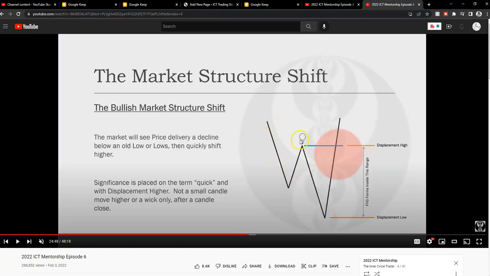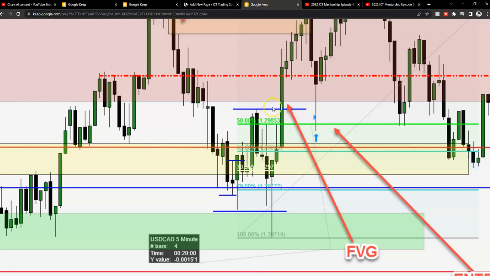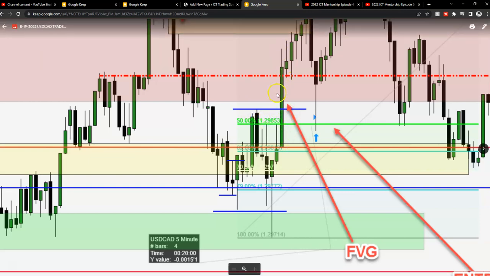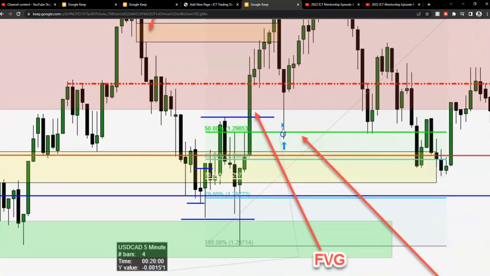Same thing here. There's the idea. Here's the fair value gap, displacement, right? Same thing here. Very strong candles. 1, 2, 3. That is the only requirement I need that needs to break above in order to create a bullish market structure shift in this example, because we're buying, and that's it. That is all you need.